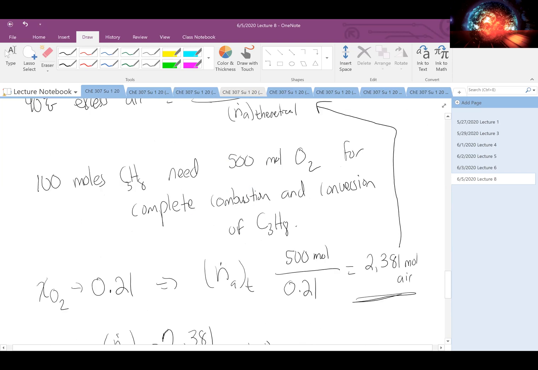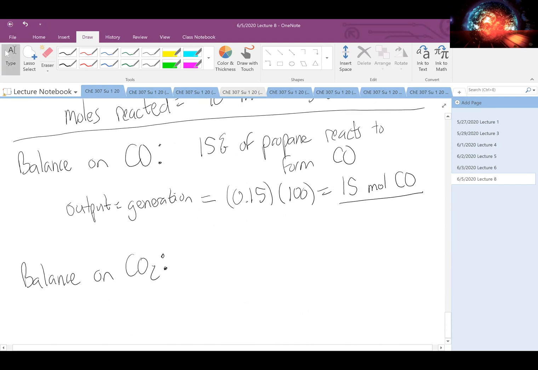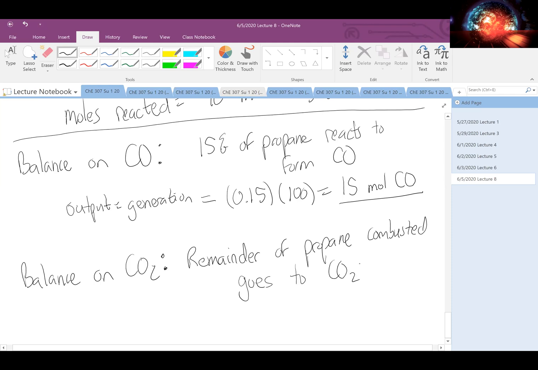Now the remaining should go to complete combustion. So now if I look at a balance on CO2, I can say the remainder of propane combusted goes to CO2.